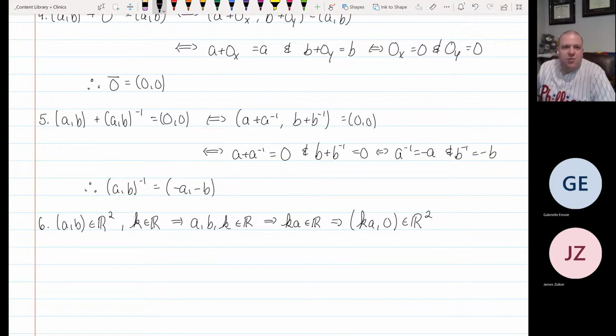We know that KA is a real number because if you take a real number and multiply it by a real number, you get a real number. So of course, that is the definition of K times AB. So we do have closure under scalar multiplication.